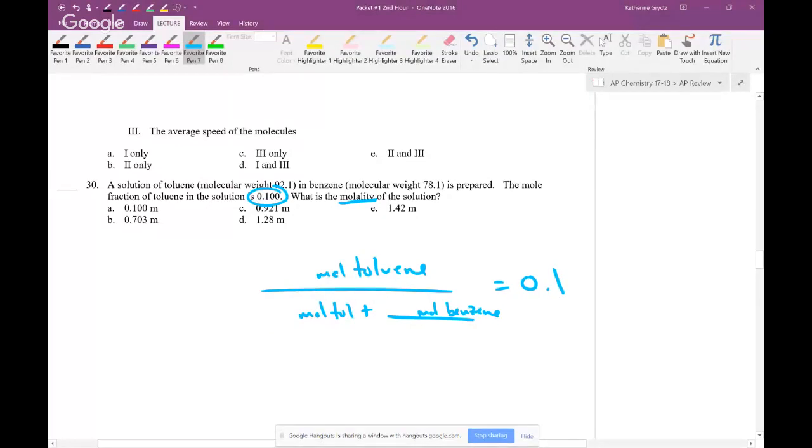And then you'd have to figure out what the molality is. But don't worry about that. Don't do that one. With molality, they've taken that off in the last couple of years, and I didn't teach you molality.